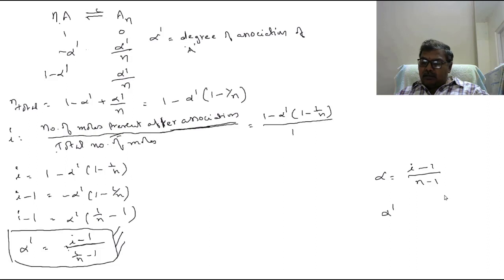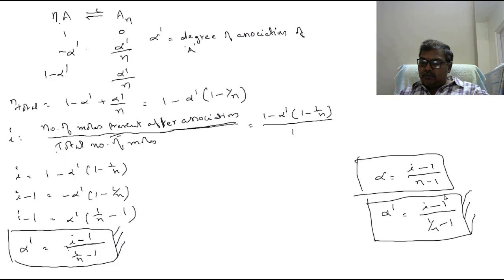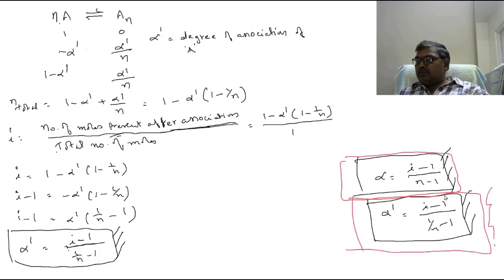For association, alpha dash equal to I minus 1 by n minus 1. Right? Okay.